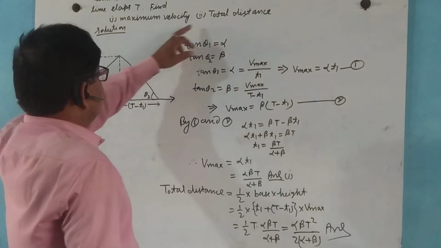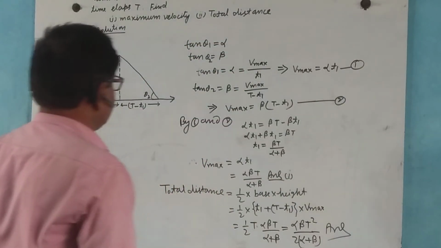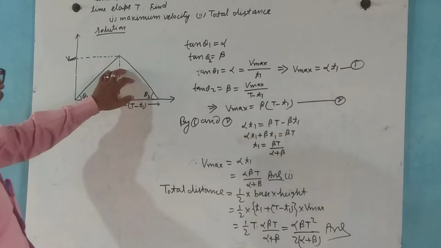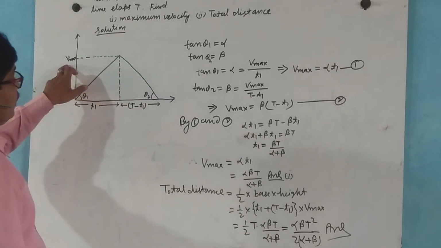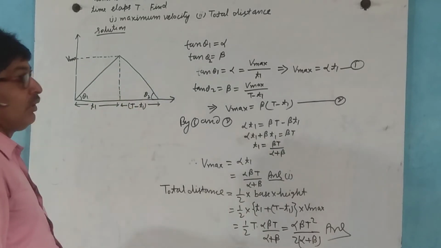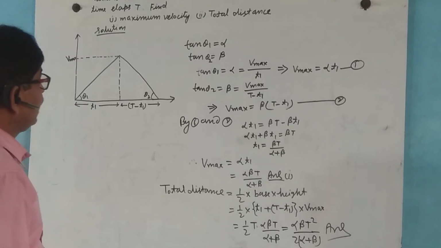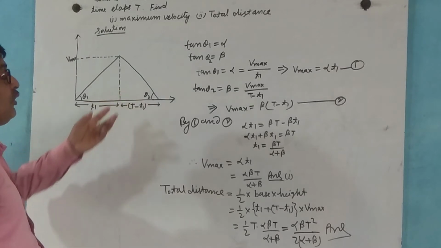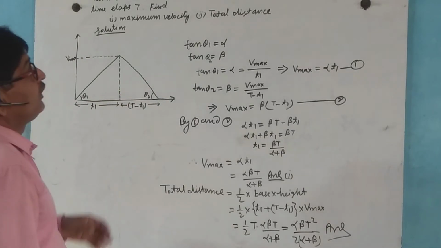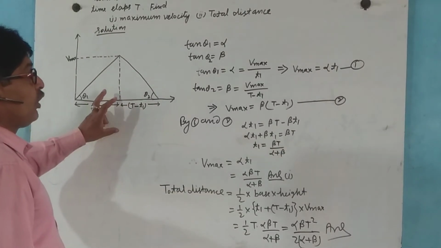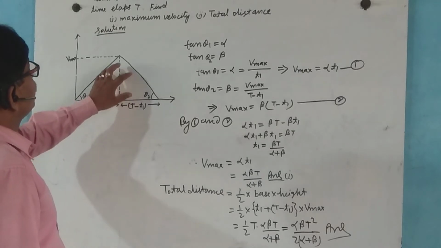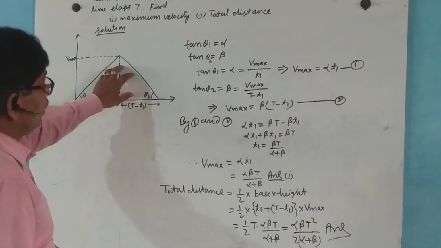Now second, total distance. In this case, as we know, in the velocity-time graph the area under the graph represents the total distance covered by the particle, so we have to find the area.